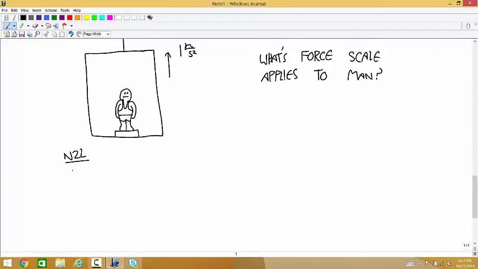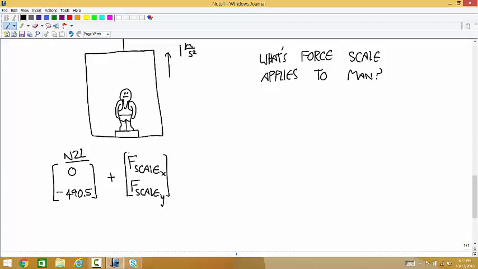We have a weight of 0, negative 490.5, plus F scale x, F scale y. And that's equal to the mass times the acceleration. The mass is 50 kilograms.